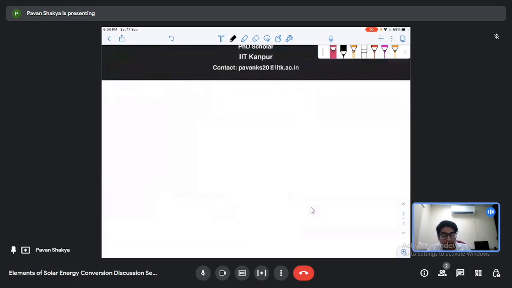So till now I have discussed problems based on the different angles. After that I have covered the shading problems. After that I have shown you a few problems on flat plate collector.